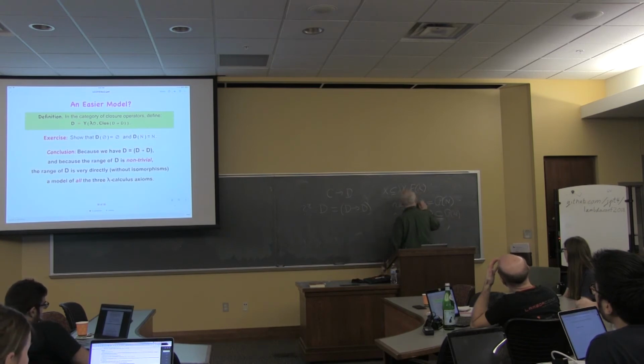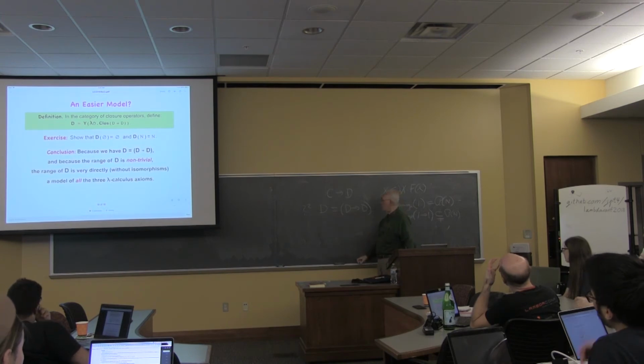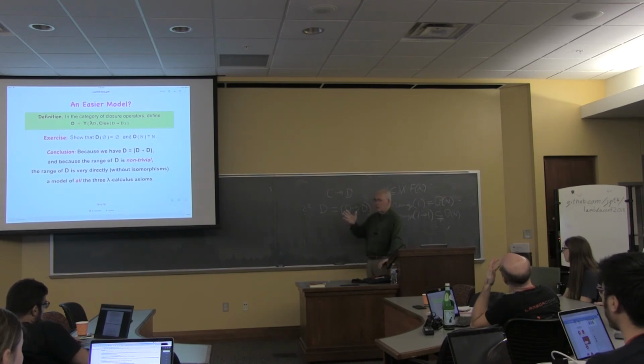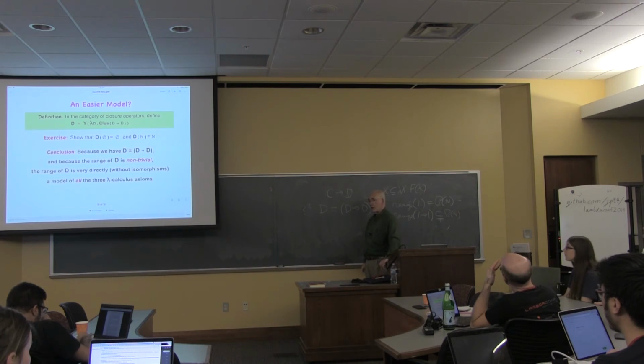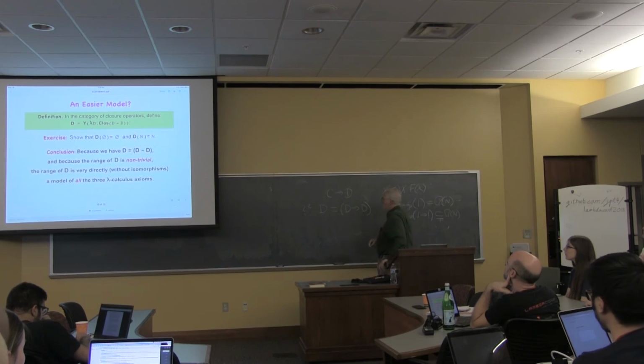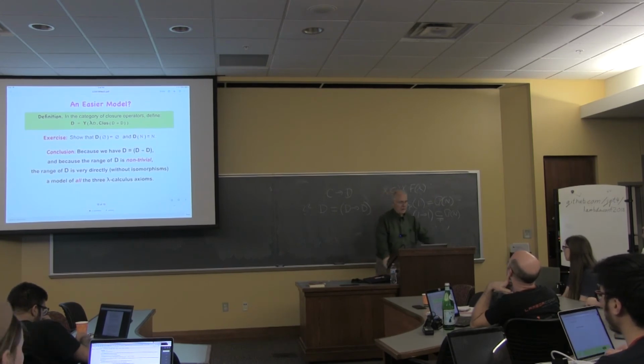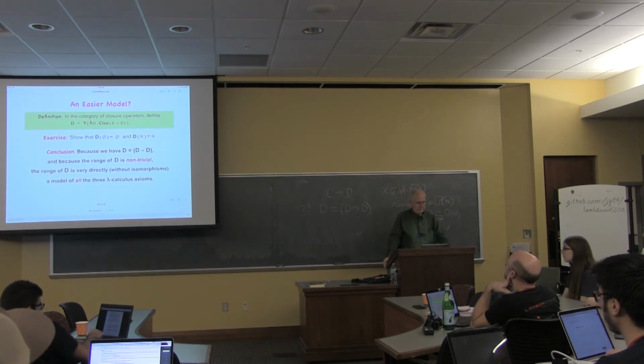And so I is not equal to I arrows I, but maybe there's a non-trivial closure operator D, and if we could find that, then we could restrict attention just to the sets in n that are in the range of D, and every one of those could be just as well thought of as a function on D, and you'd have a perfect model for the lambda calculus with the extra axiom where this turns out to be an equality relation there. And so I just say how I did it there.